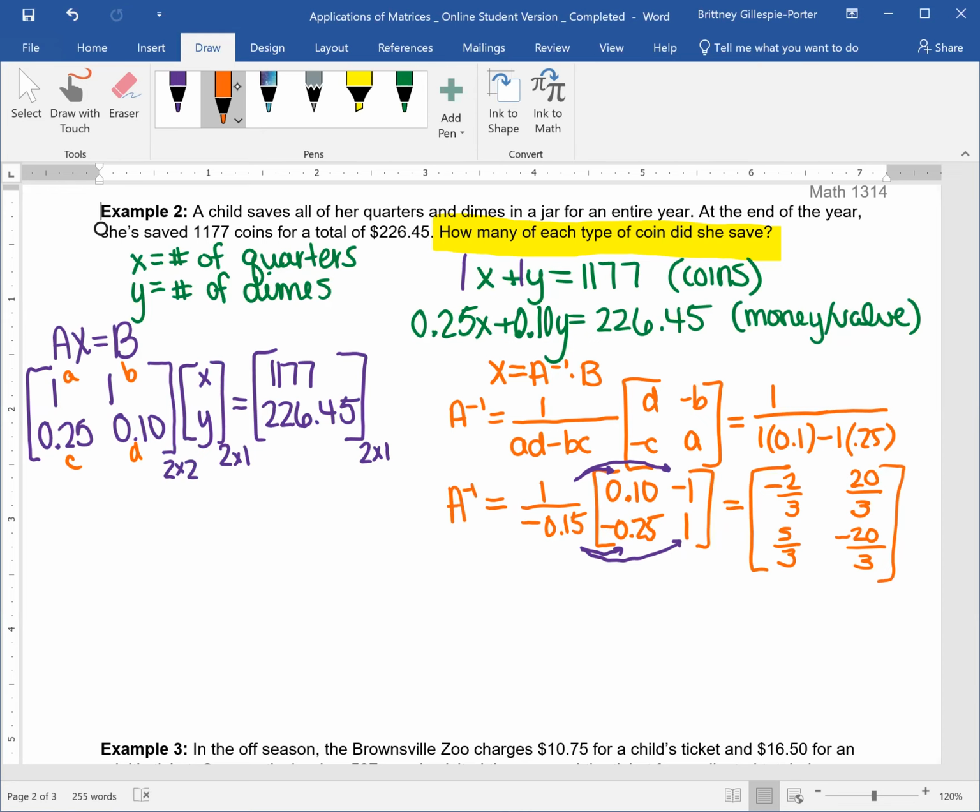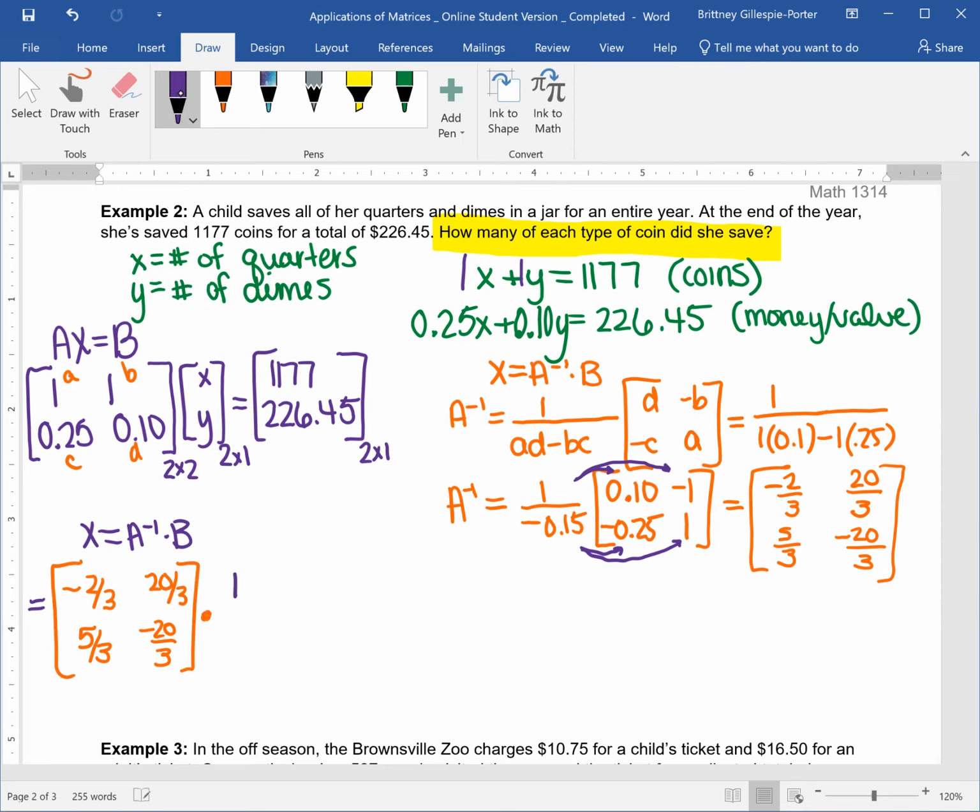Now that we've found A inverse, we can find X, because X equals A inverse times B. So that is going to be equal to the matrix we just found, negative 2/3, 20/3, 5/3, negative 20/3, times our B matrix, 1177, 226.45.